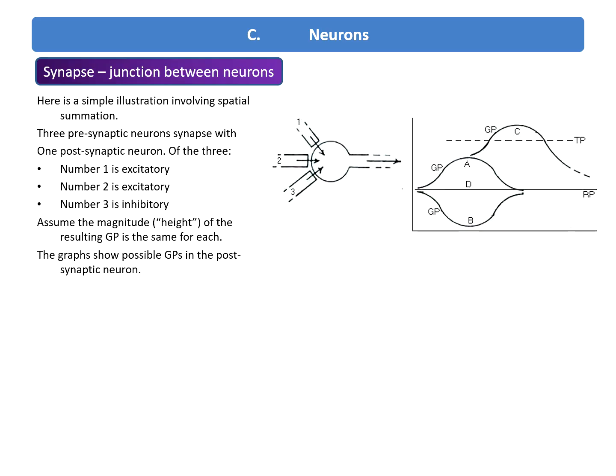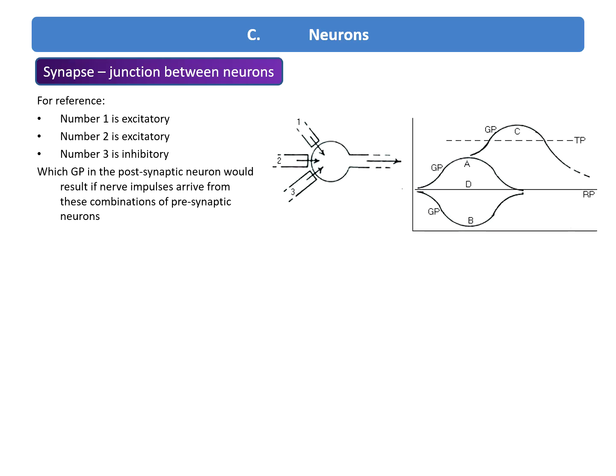The graph shows possible graded potentials in the postsynaptic neuron. For reference, number 1 is excitatory, number 2 is excitatory, number 3 is inhibitory. Which graded potential in the postsynaptic neuron would result if a nerve impulse arrives from these combinations of presynaptic neurons?